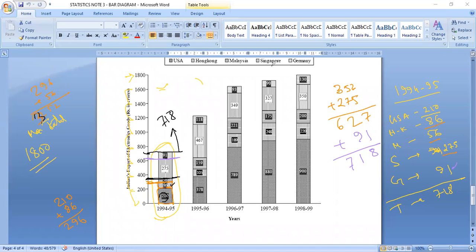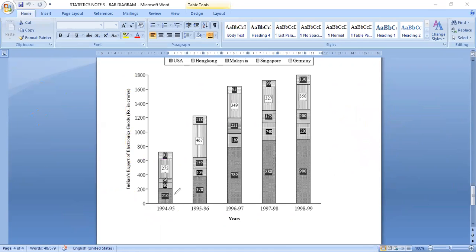So we can write outside, USA, and then give an arrow. I think it is okay. Okay, that is also true. Whatever you have to mention, that is enough. By hook or by crook, we have to mention the meaning of every division.